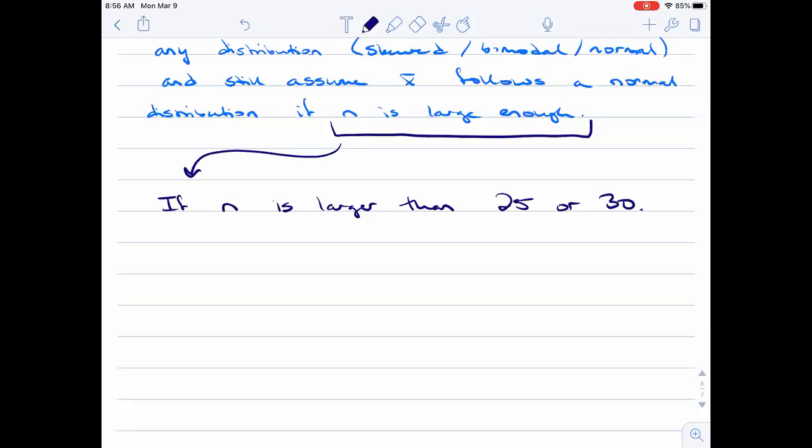At the end of the day, it just depends on how normal the distribution was that you were sampling from. So if you can assume that you're sampling from a normal distribution, then we can draw down that number.